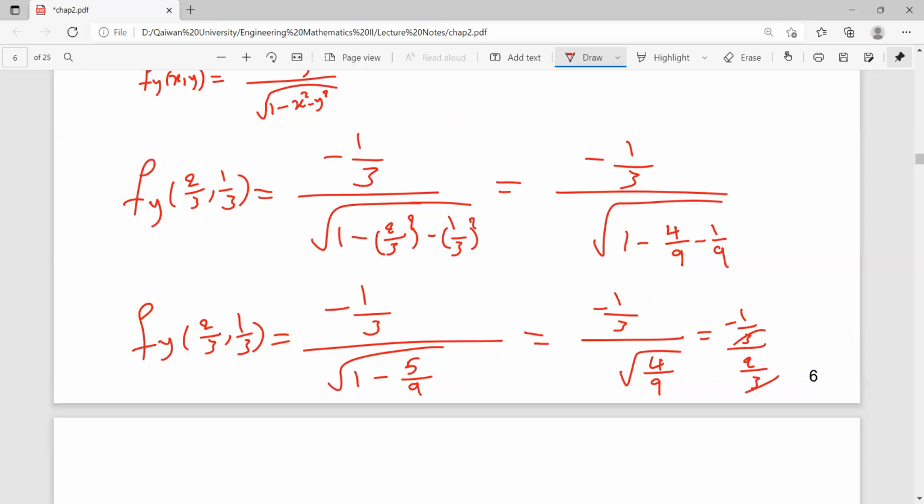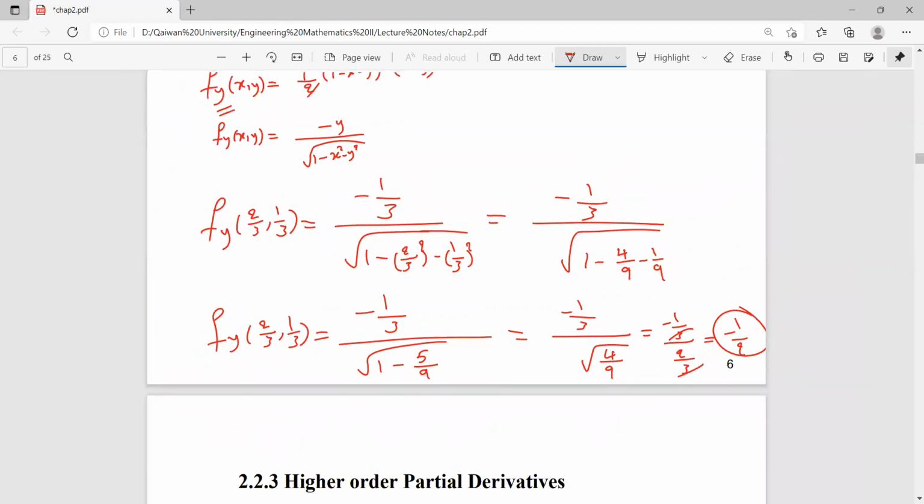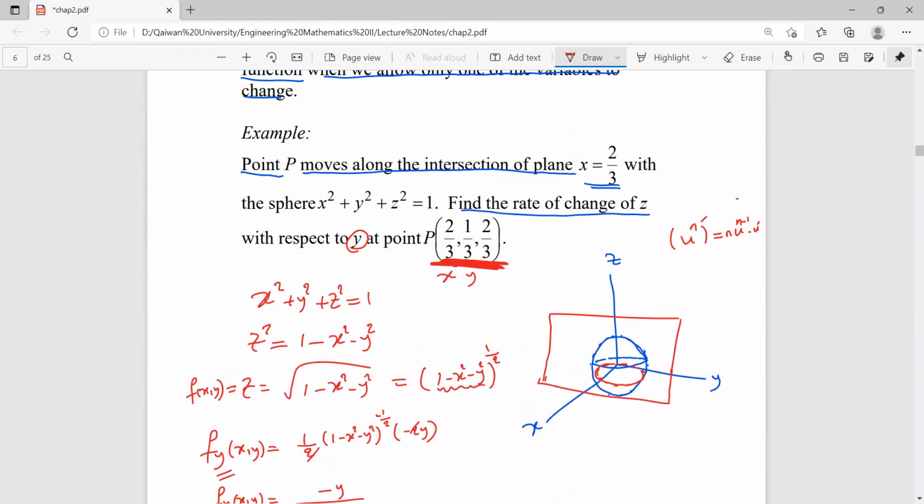These two are cancelled out and we get minus 1/2. This is the rate of change of the function z with respect to y.